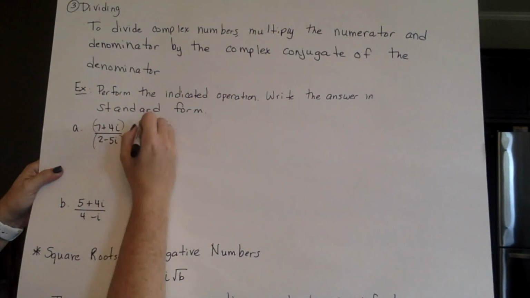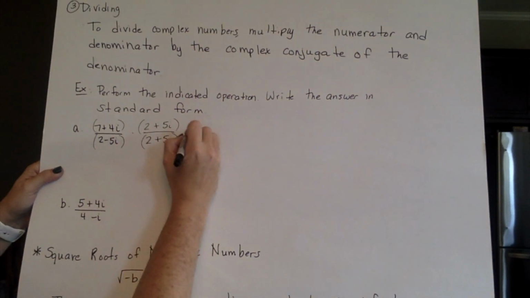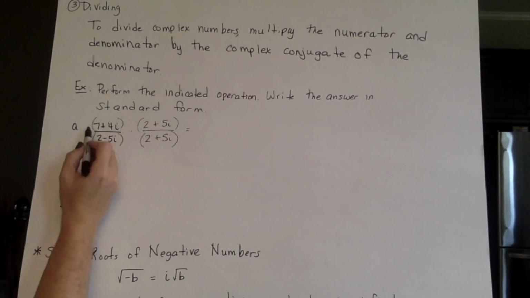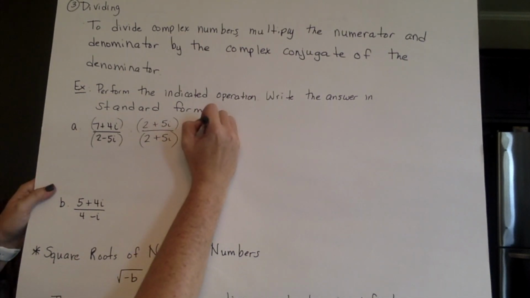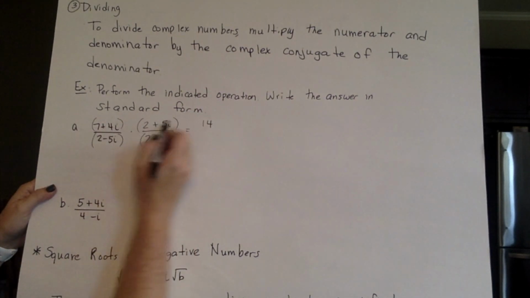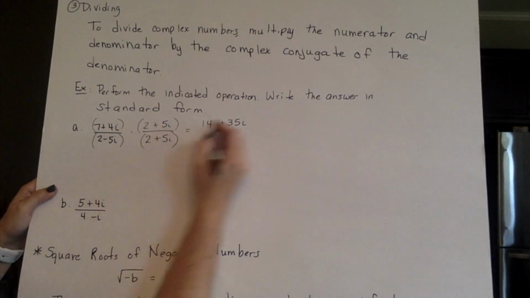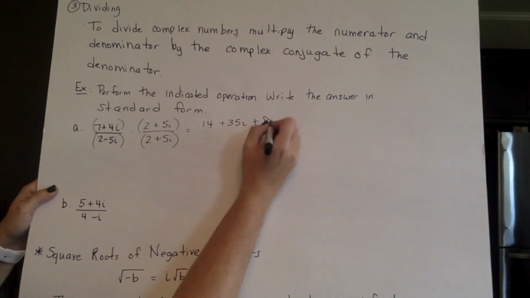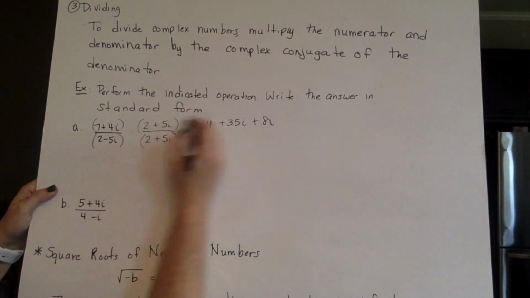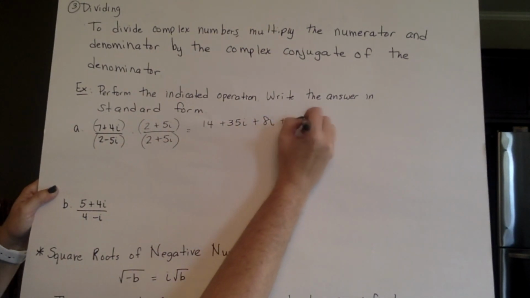And in this case, we're going to have to do a lot of distributing, which is okay. I'll distribute on the top. 7 times 2, that's 14. 7 times 5i is 35i. 4i times 2 is 8i. And 4i times 5i is 20i squared.